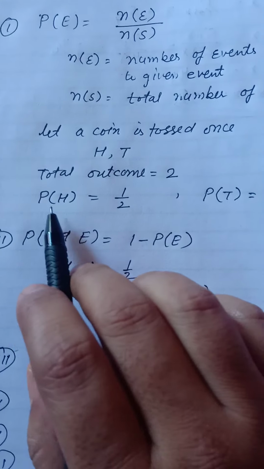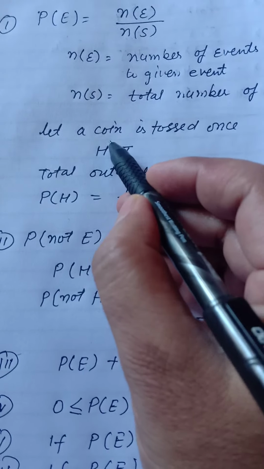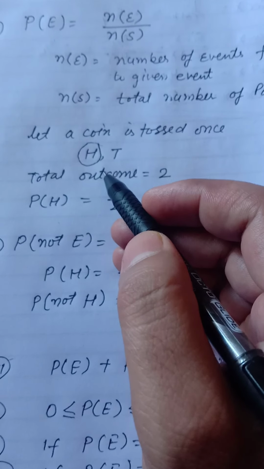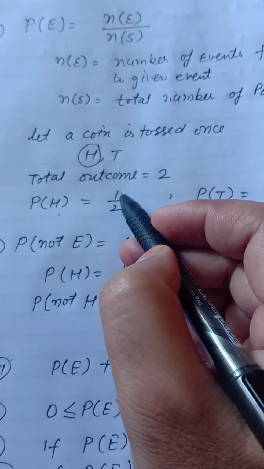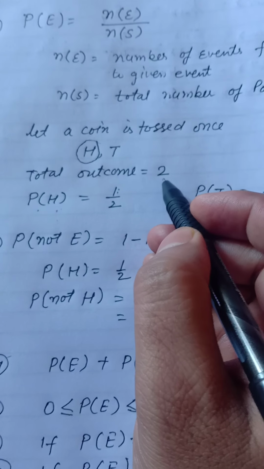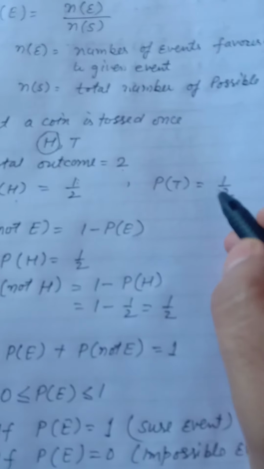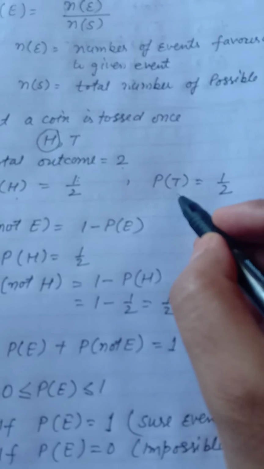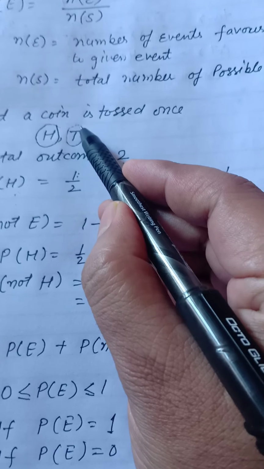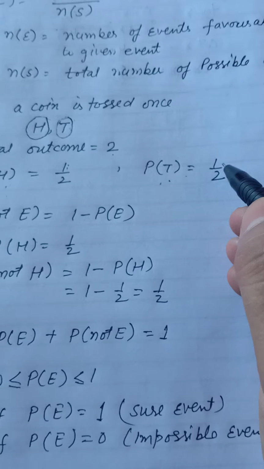Here, if we are finding the probability of head, we have only one outcome which favors the event, that is 1. So the probability of head is 1 upon 2, since the total possible outcomes are 2. In a similar way we can find the probability of tail. Since there is only one favorable outcome, the probability of tail is again 1 by 2.